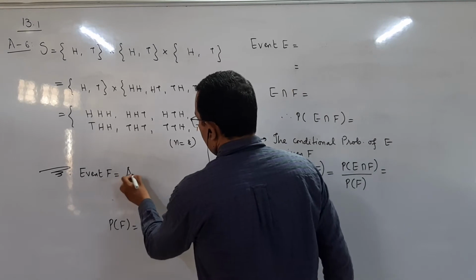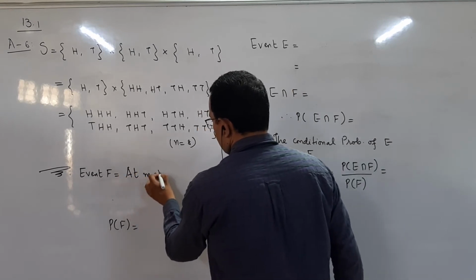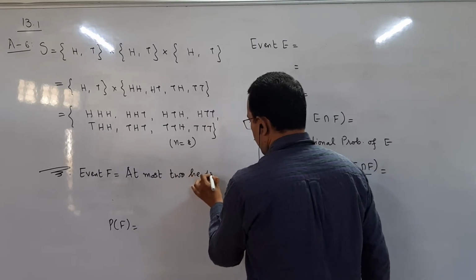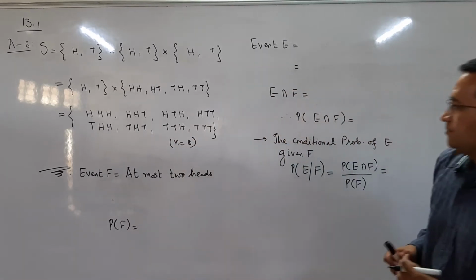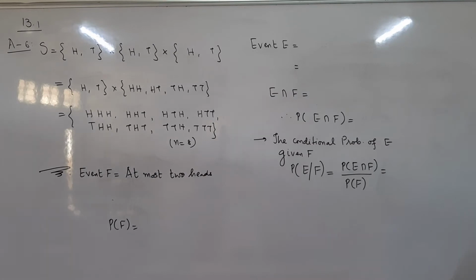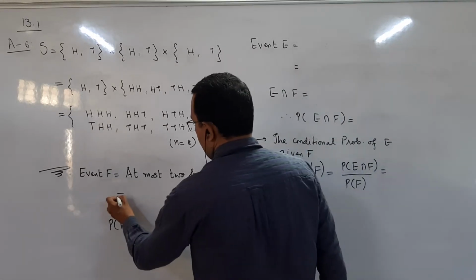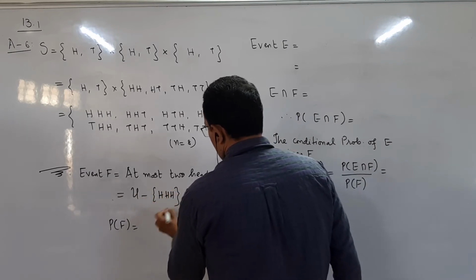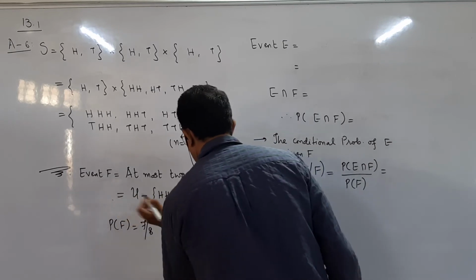Event F, at the most 2 heads. So we have to write elements with 2 heads, 1 head and no head. So the only element which is excluded is triple H. So this will have 7 elements. So this probability will be 7 by 8.